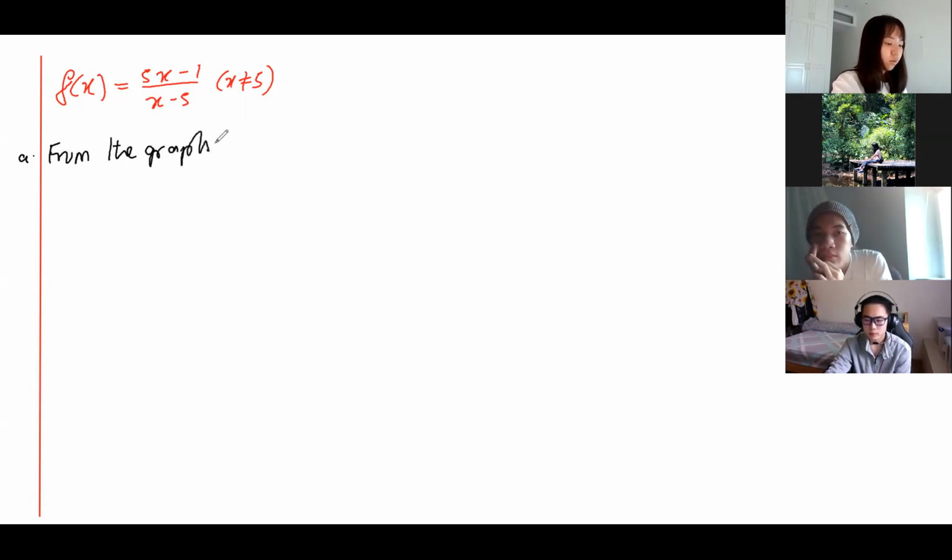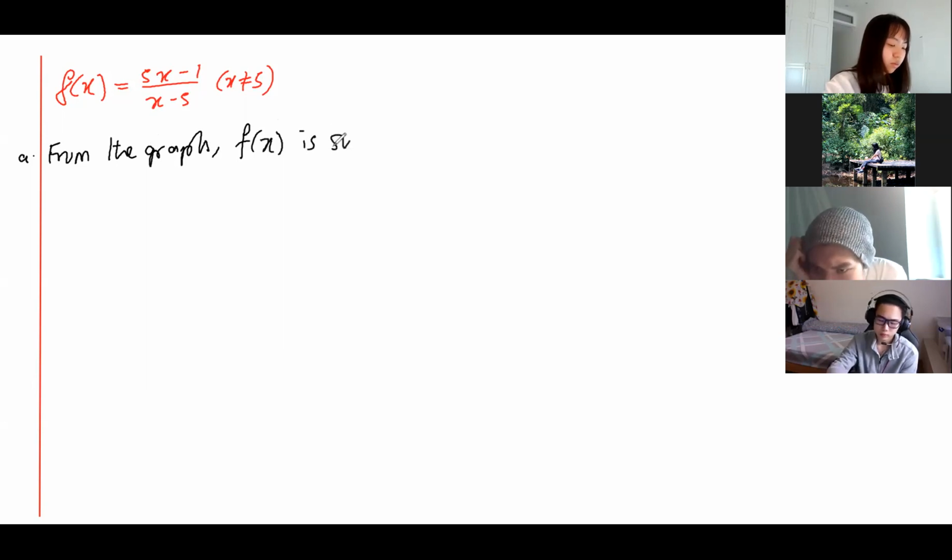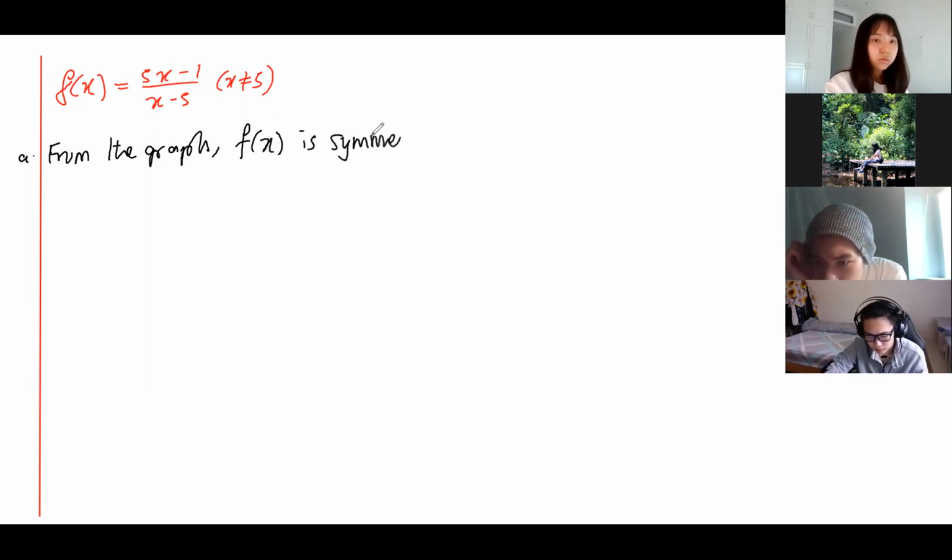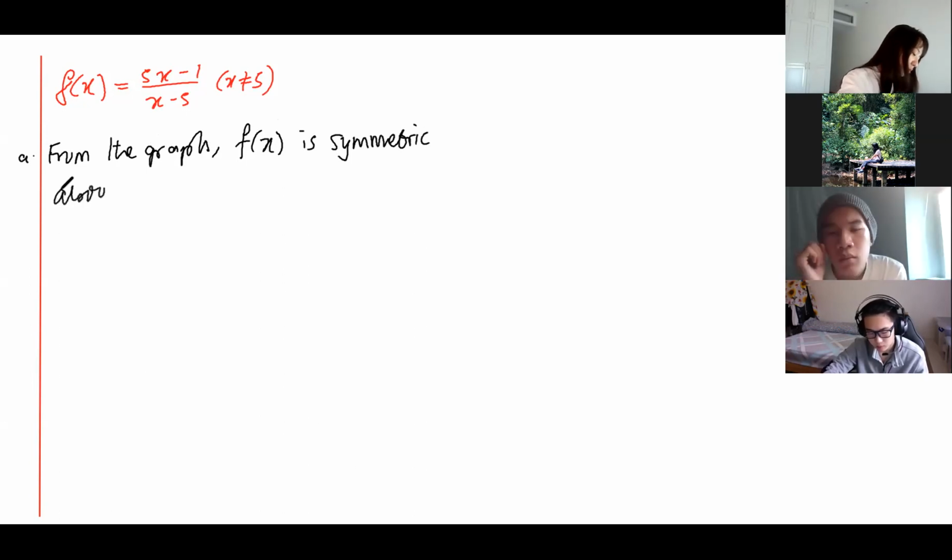From the graph, f is symmetric about y equals x.